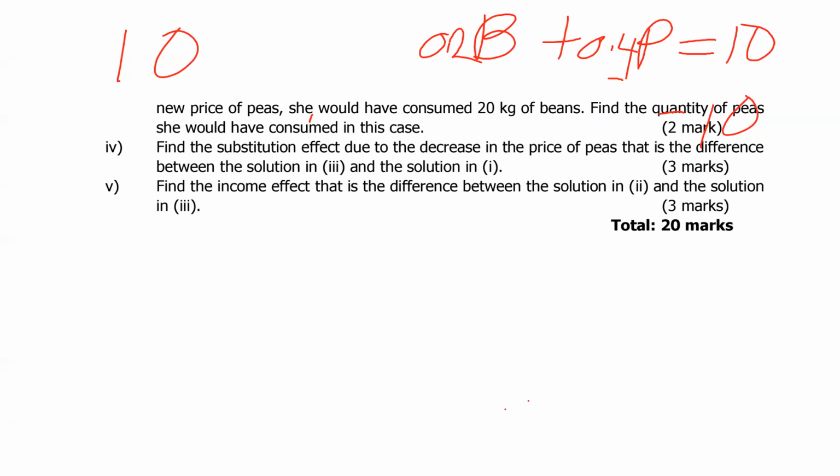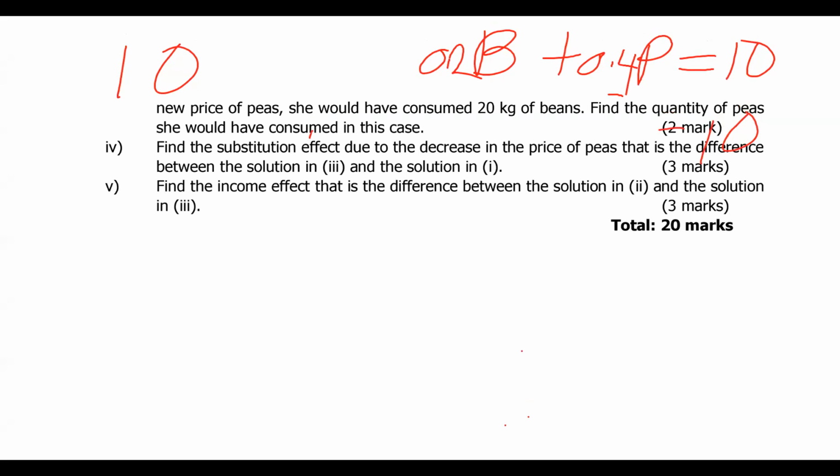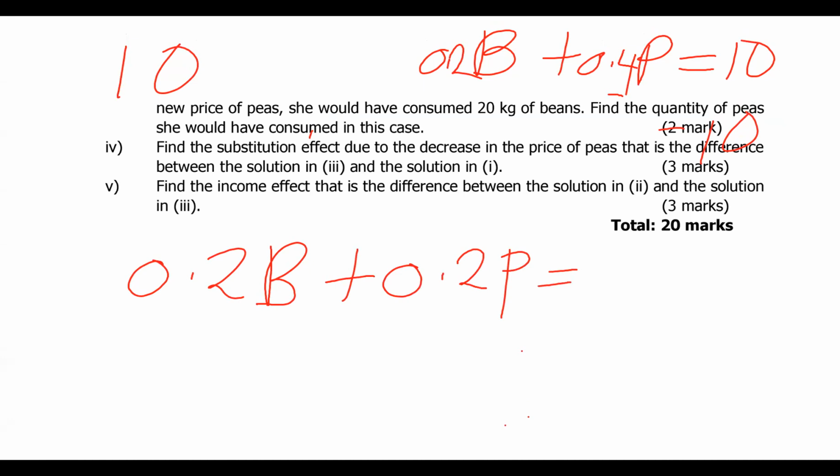Okay. So our equation is 0.2P plus B, where the price of beans is still the same, but for peas it has decreased to 0.2, equal to the income, which is 7.60.